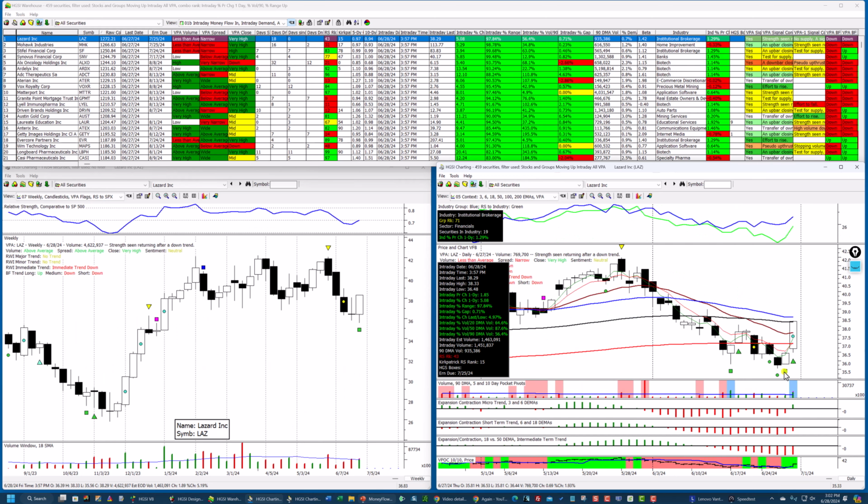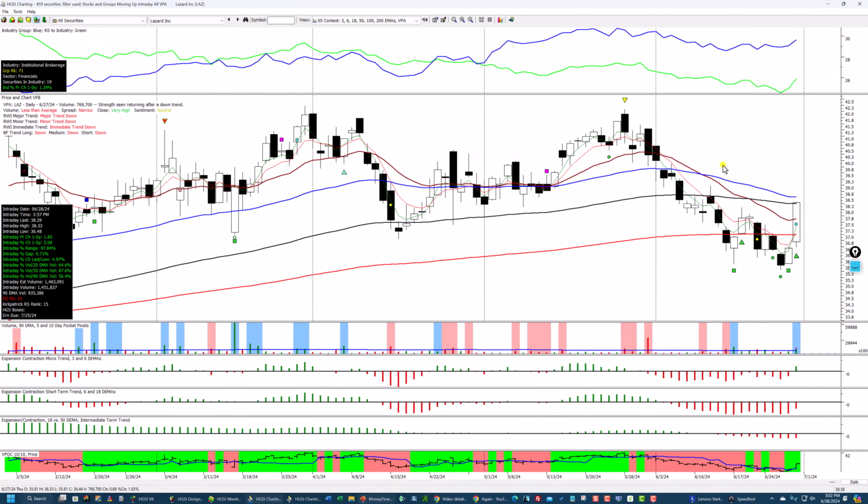Here's the VPA, which is strength seen returning. Right here, I clicked on this over here, and that's what appears here. Now today, this is a confirmation of strength. It confirms the strength, and there's an effort to rise, which is a bullish sign.